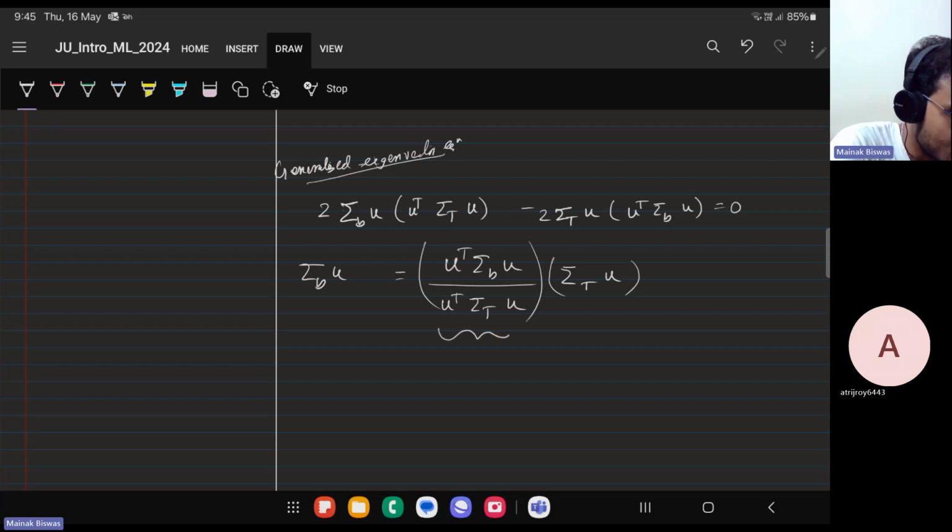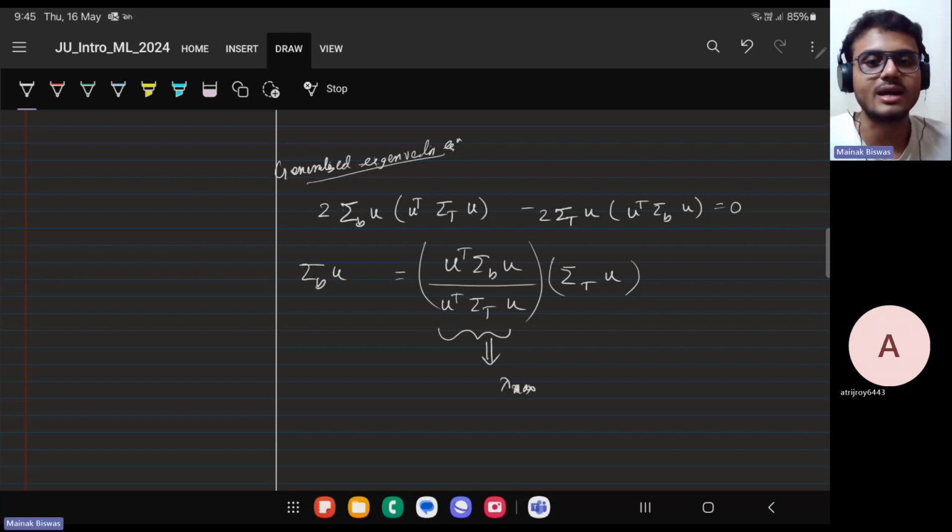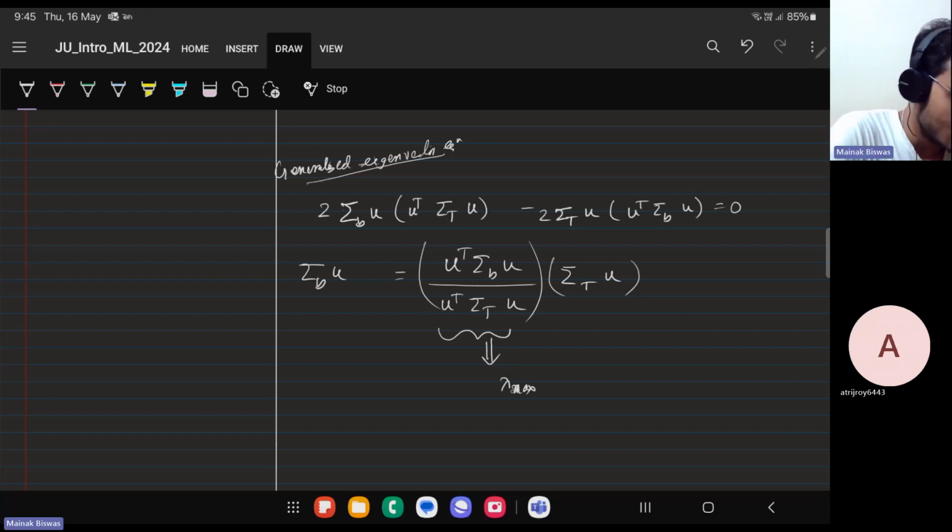So this is like the optimal solution, right? This is what you want. The optimal max of this, lambda max, is what you want. So let us write this as lambda max, right? Replace this. This is the initial objective, right?